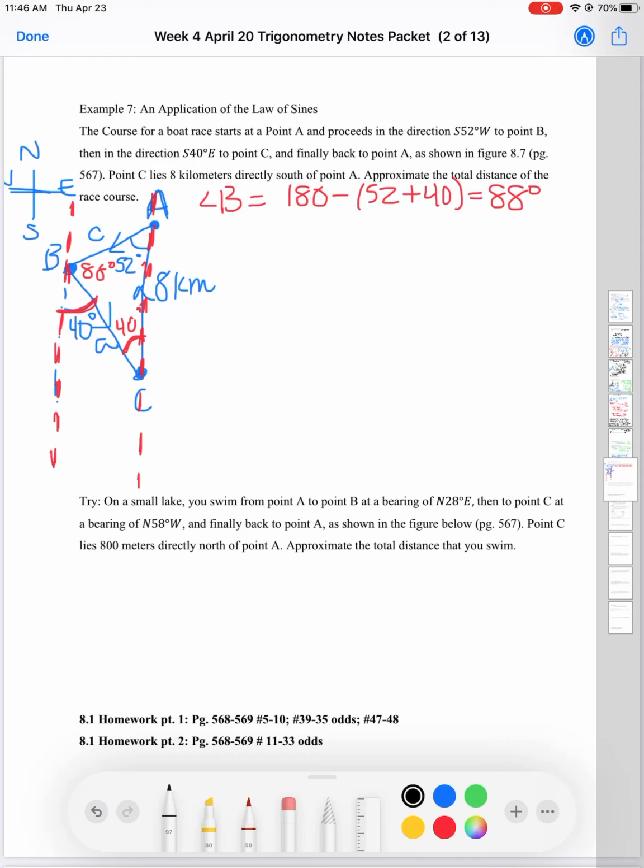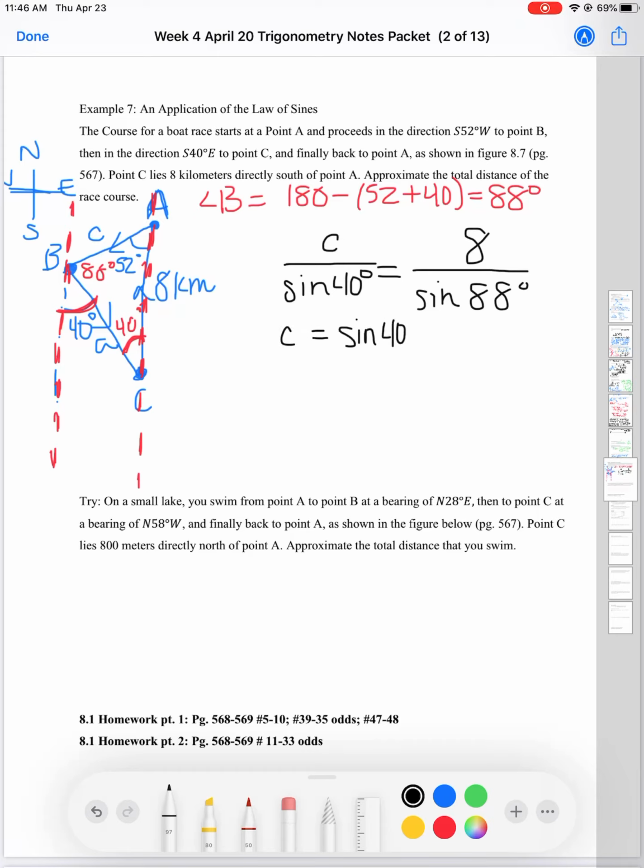So I'm going to use angle B and side B as what we know. So 8 over sine 88 degrees is equal to, let's just find C first, C over sine 40 degrees.